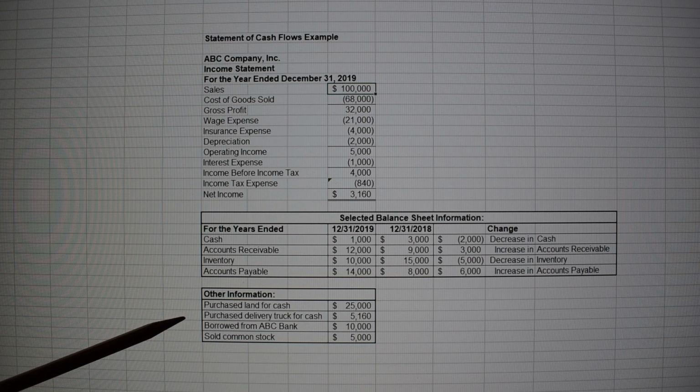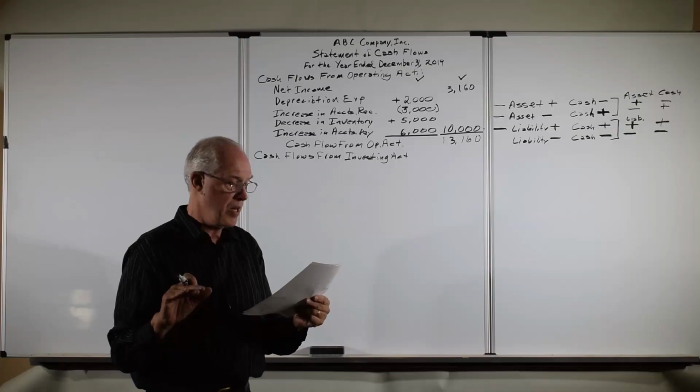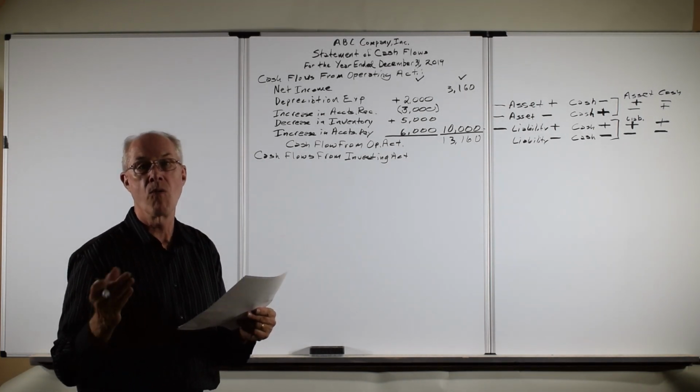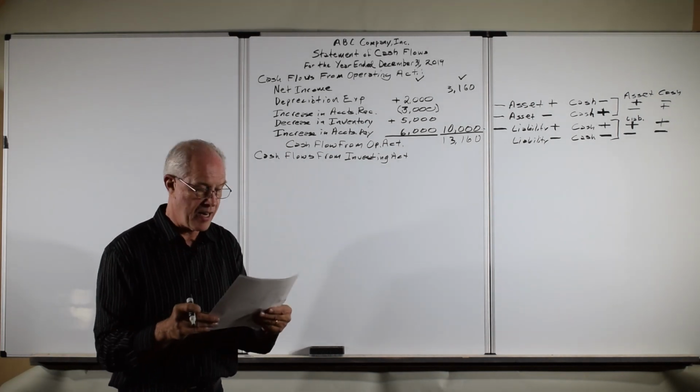Then we've got borrowed from ABC Bank. This is outside financing. This would be a financing activity, not investing. And then sold common stock, and it doesn't say it, but we sold the common stock for cash. So sold common stock would be an inflow, the way we're financing our business. It would be, again, financing activities.